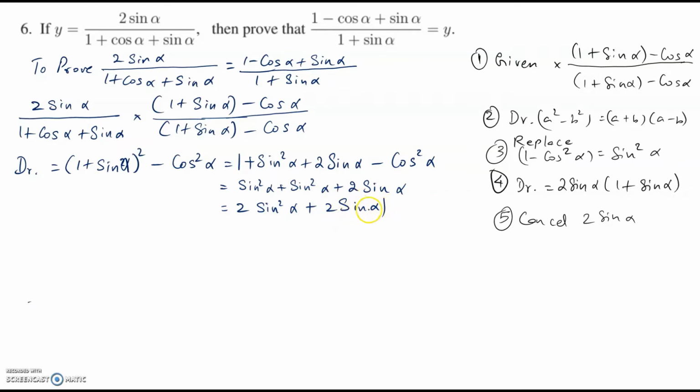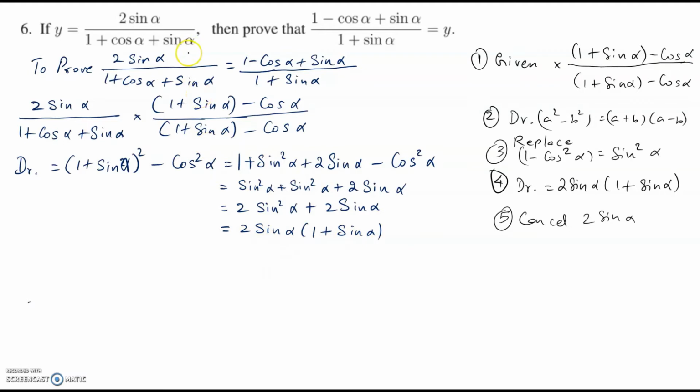So if we take 2 sine alpha out, it's 2 sine alpha into 1 plus sine alpha. So taking 2 sine alpha out, you will end up with sine alpha, and here taking the 2 sine alpha out, we have a 1. So this is our denominator.